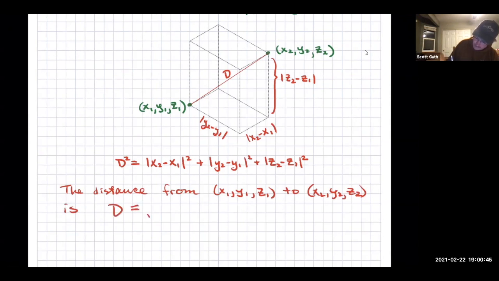Squaring absolute values makes no sense at all, so we're going to drop the absolute values, because squaring makes it positive as well.